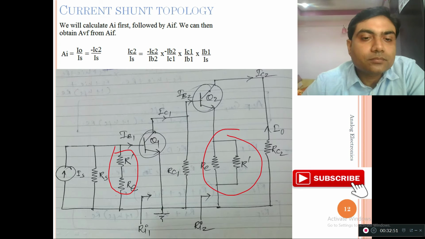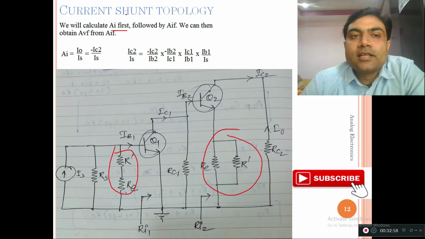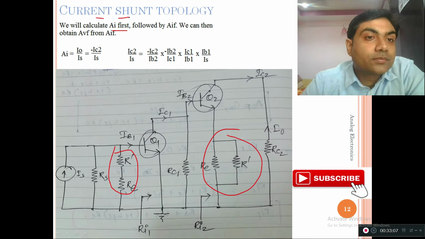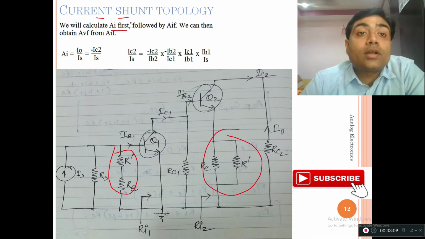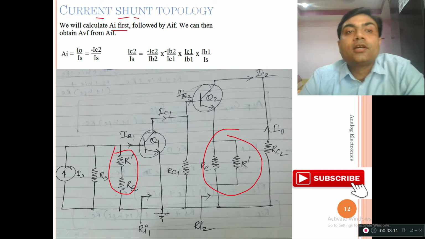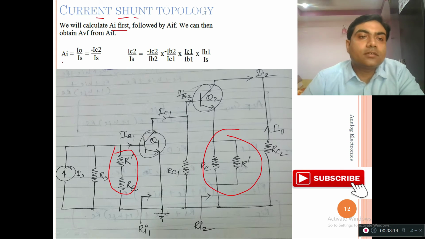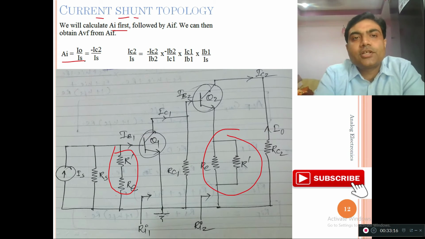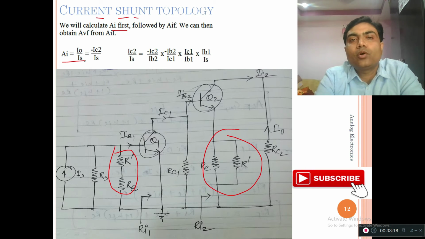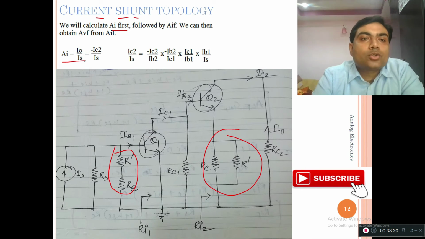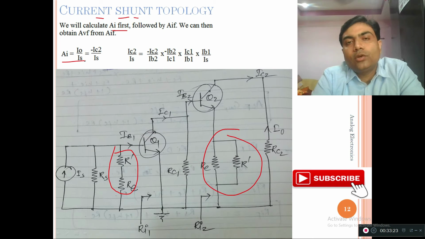So this is how we have drawn this particular simplified circuit. Now, when it comes to analysis, we will first calculate AI. Since this is a current shunt configuration, sampling is in the form of the current output, and shunt means the current mixing. So current upon current gives me AI.